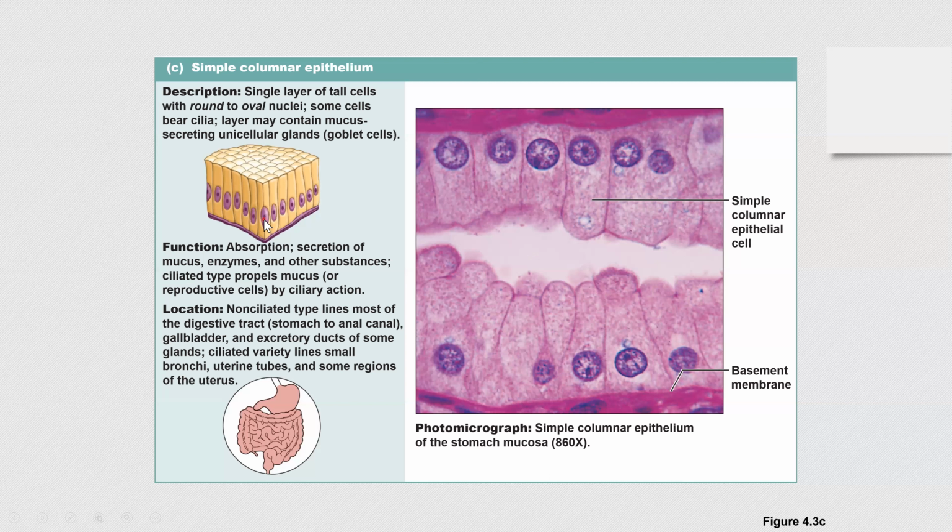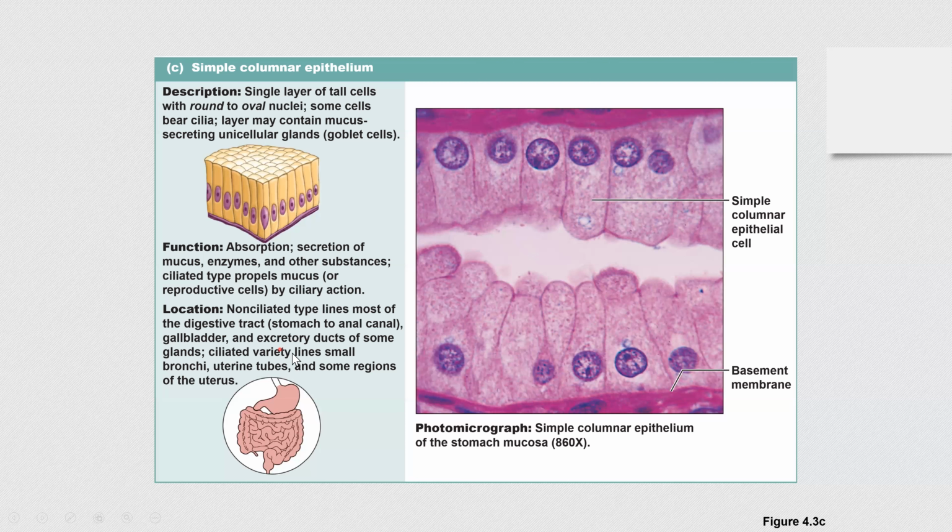So this is a very common epithelium in the digestive tract, and then it will be non-ciliated. It will be either simple columnar, or simple columnar with microvilli, right? So it's from the stomach to the anal canal. You will find it in the gallbladder and excretory ducts of some glands.